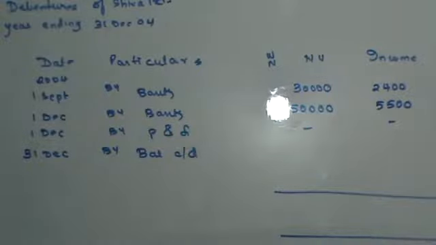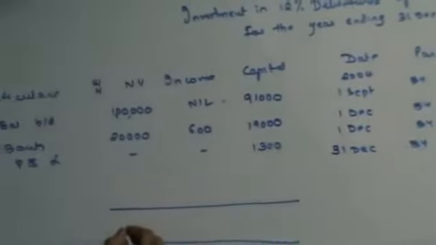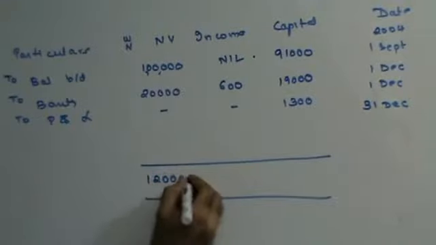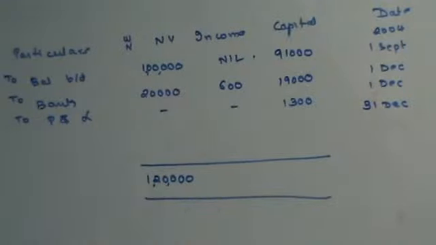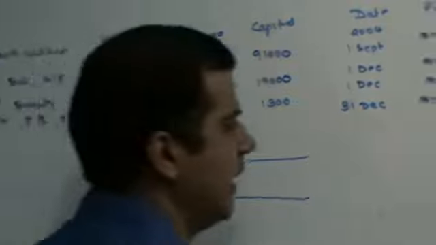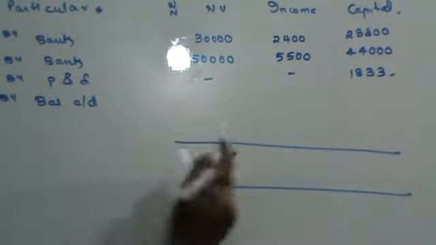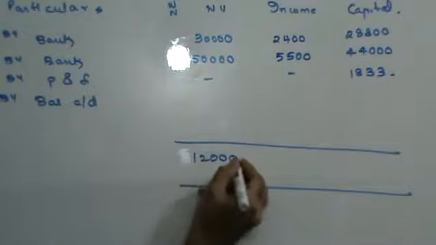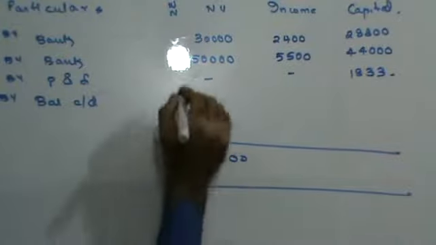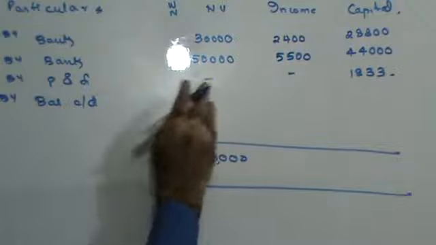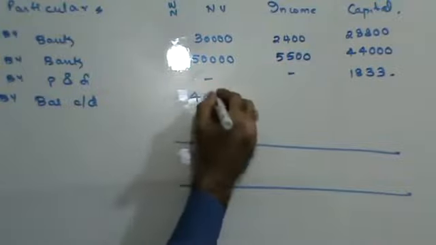I have 1,20,000, out of which I have finished selling 80,000. That means your balance is 40,000.